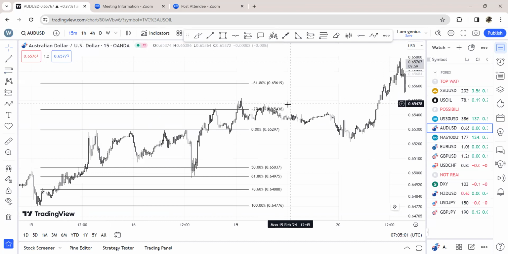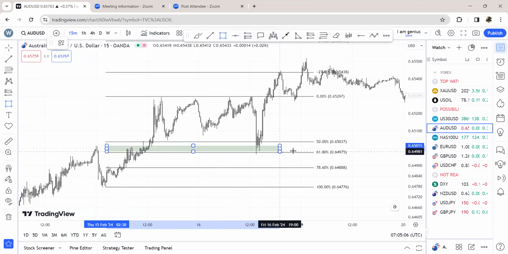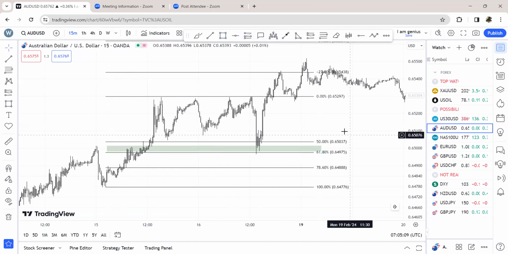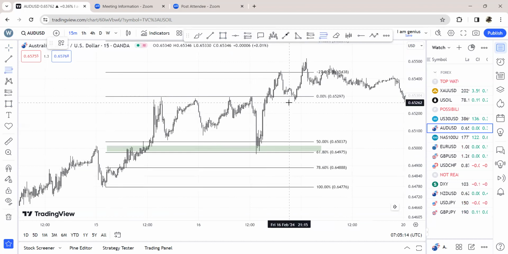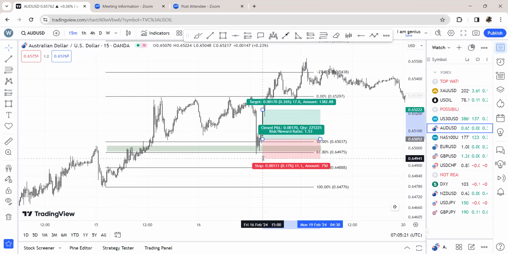Where I know that once the market reaches my zone, this level, what I want to do is I want to put my entry right above that. In the next video, I'll explain more on candlesticks.